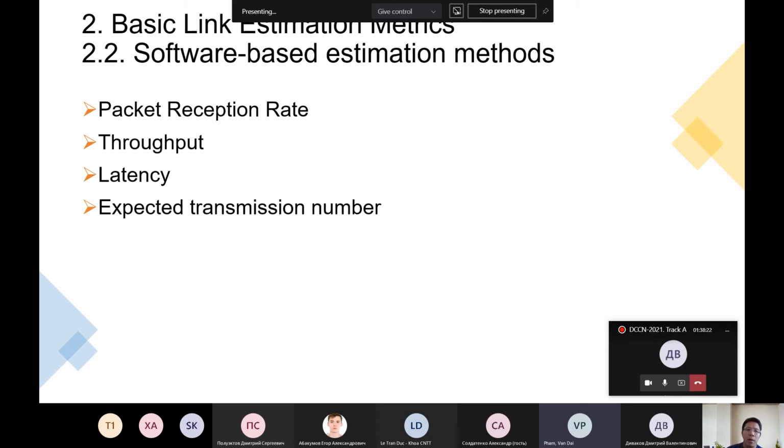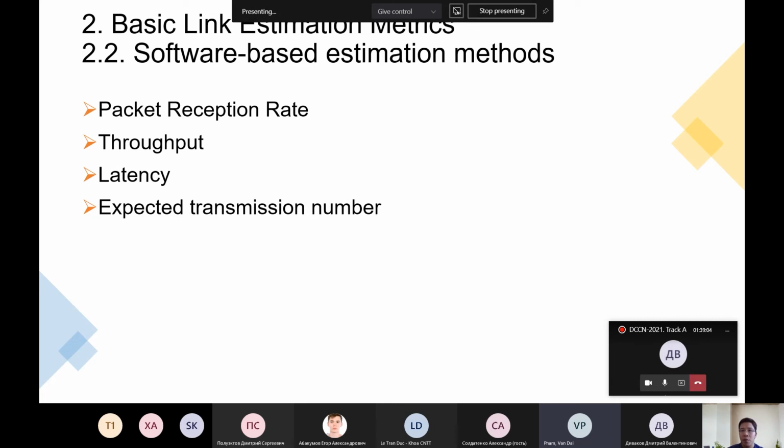The software implementation allows us to estimate values such as the packet reception rate or packet delivery ratio, throughput, and expected transmission count. In a certain transmission period, packet reception rate can be obtained by either direct calculation or approximation. Therefore, a window size is considered to choose an interval of time to calculate the packet reception rate.